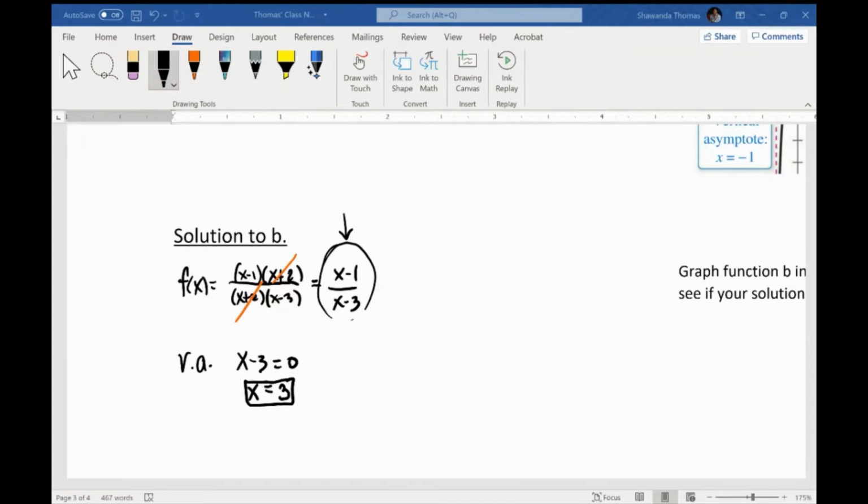All right, horizontal asymptote. So what is the degree of this x minus 1? What is the degree of that? 1. And what about the denominator? 1. So they are equal. The degrees are equal. Therefore, how do we determine the horizontal asymptote?